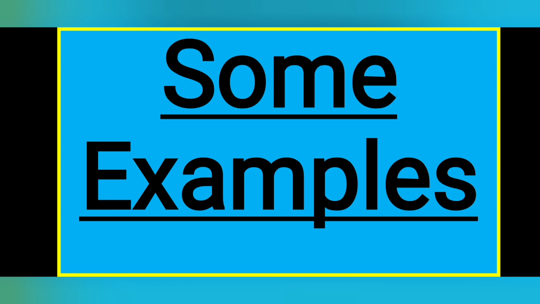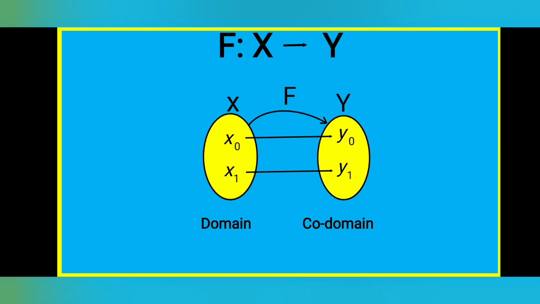Now let's look at some examples. This is the first example. Here we can see two sets X and Y. Set X is mapped to set Y. In set X we have the elements x0 and x1, while in set Y we have the elements y0 and y1.